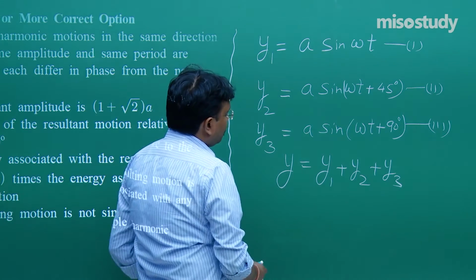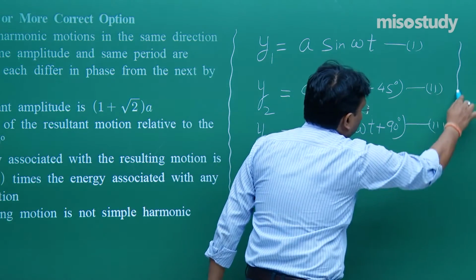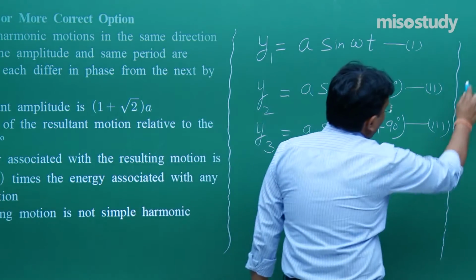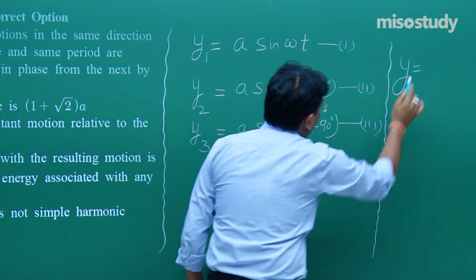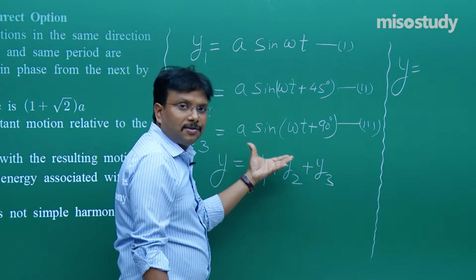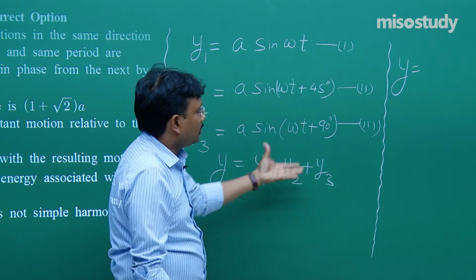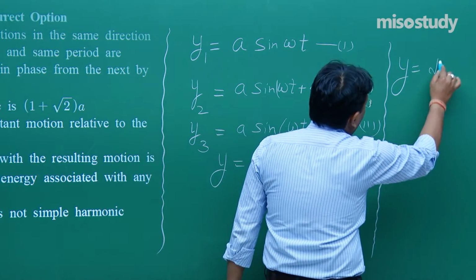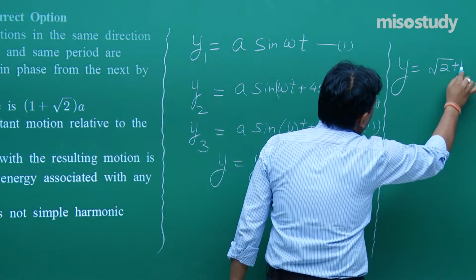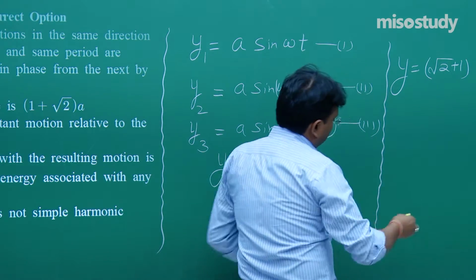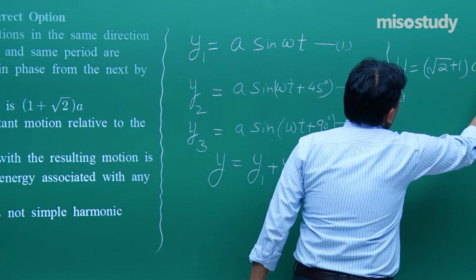So let me write down y is equal to this plus this plus this. I am writing it as y is equal to root 2 plus 1, sin a sin.